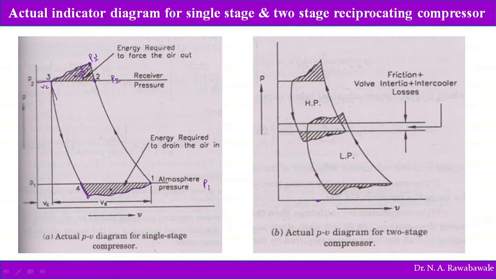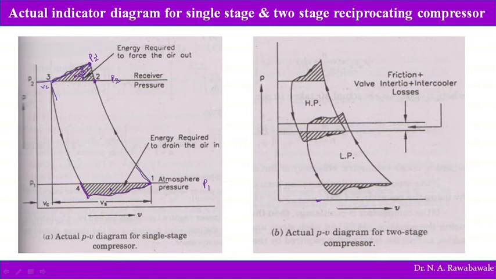This suction process completes at point 1 and the compression process starts again. Theoretically we see that compression terminates at point 2, but it extends up to P2 dash. Only then does the delivery process start and the air is delivered.